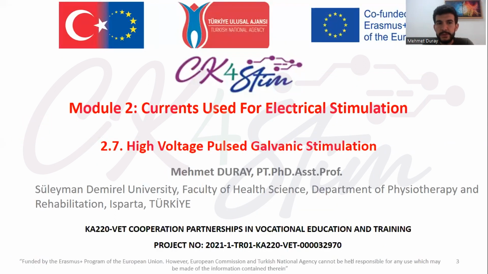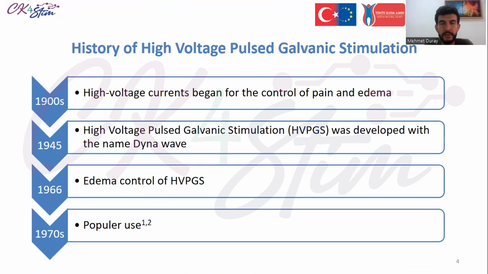I will make a presentation about high voltage pulse galvanic stimulation and its use in rehabilitation under Model 2, currents used for electrical stimulation. In the 19th century, high voltage currents began to be used for the control of pain and edema, especially pain control. And in 1945, high voltage pulse galvanic stimulation was developed with the name Dimeware.